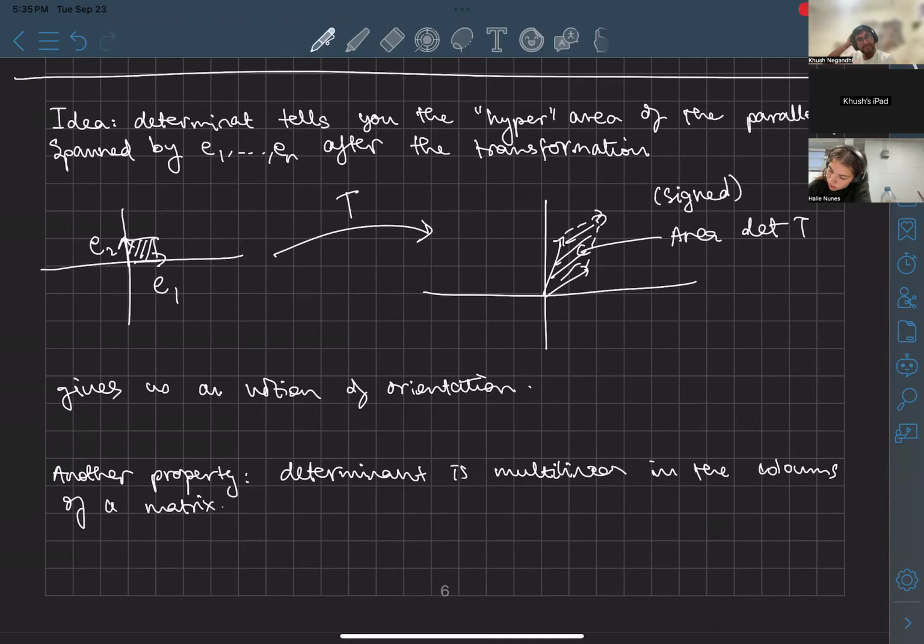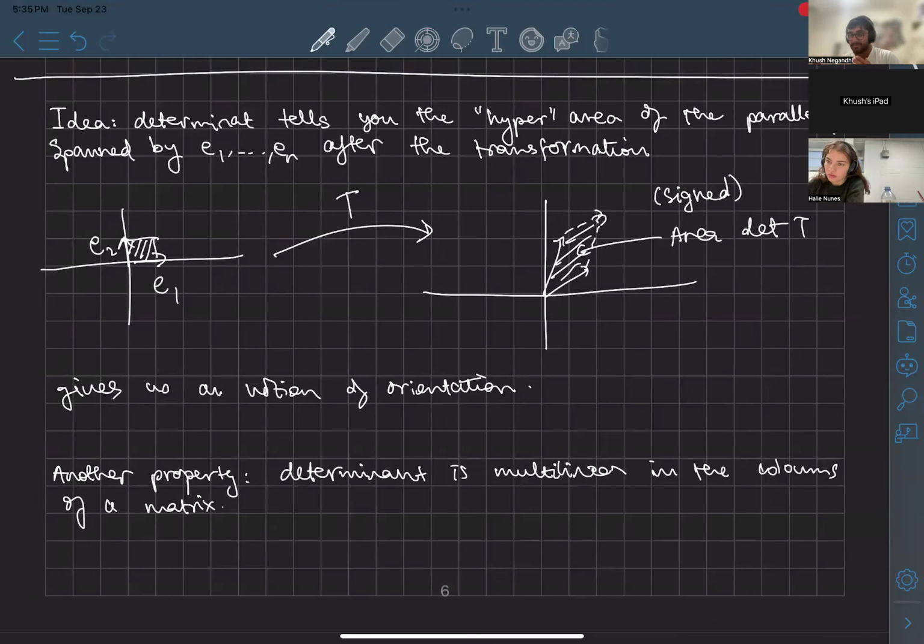So if I scale a column in my matrix, I scale the entire determinant by that same factor. If I add a vector to one column, I can split up the determinant and look at the original determinant plus this new determinant.